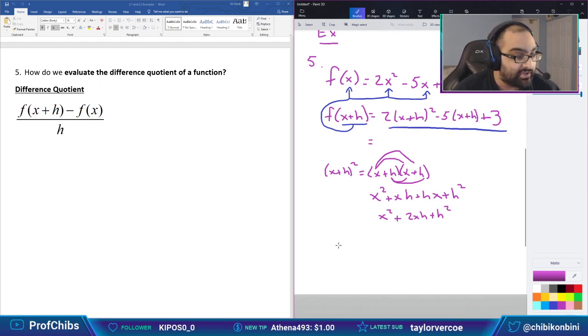So let's take stock of what we have. First, we have 2 times (x plus h) squared. I'm just going to rewrite that as what we just found here. And then we have minus 5 times (x plus h), and then plus 3.